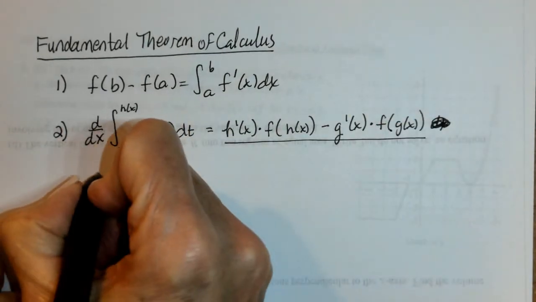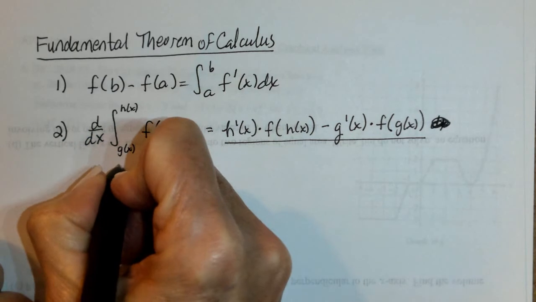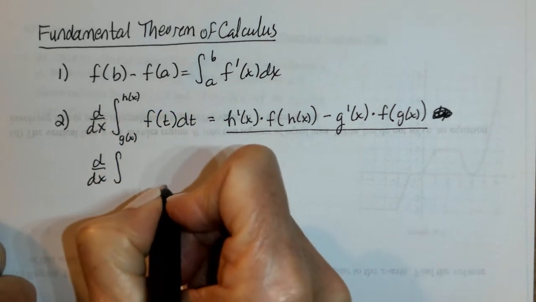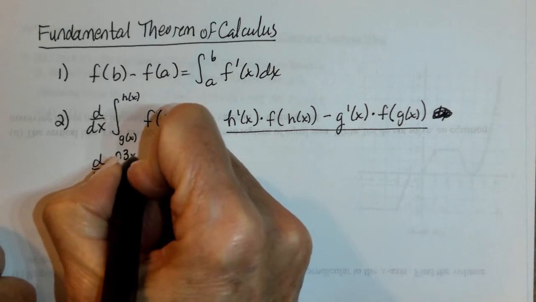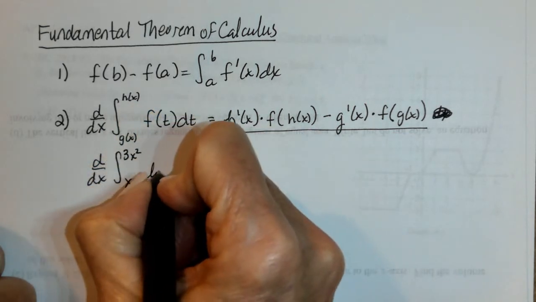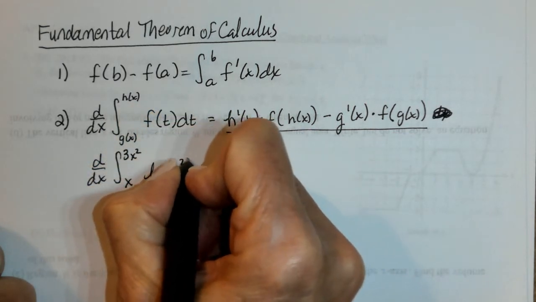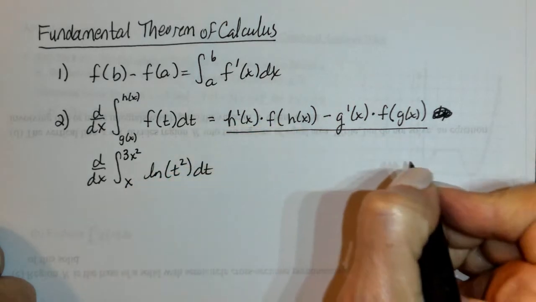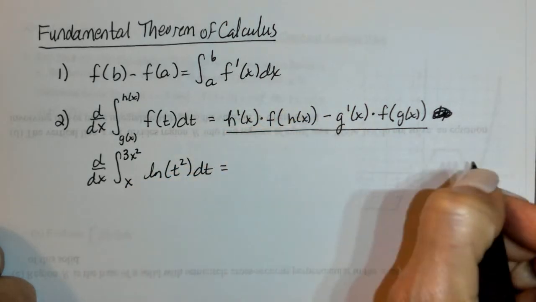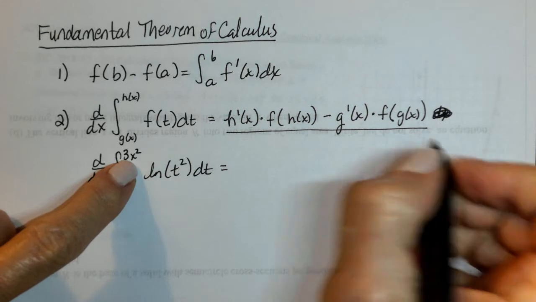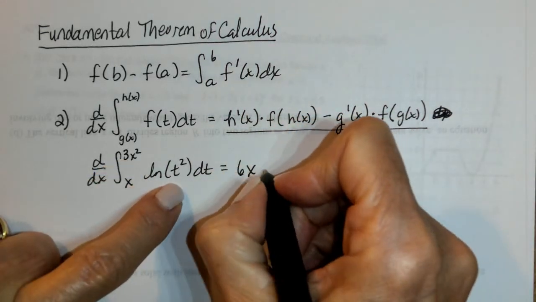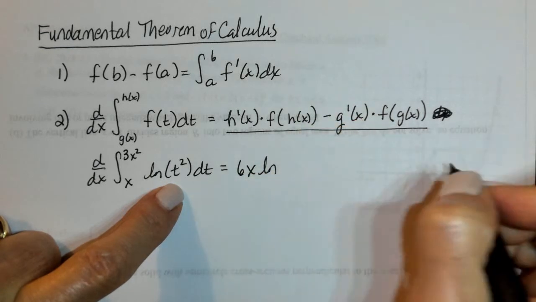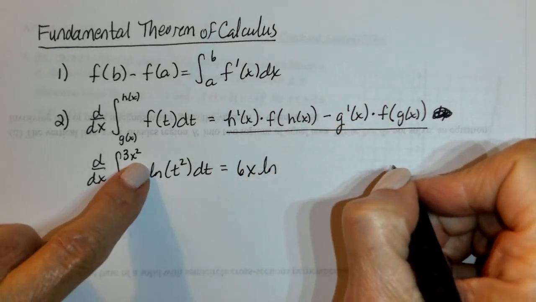So, for example, if we had, let's say, the integral from x to 3x squared of natural log of t squared dt. This would be, we start at the top, take the derivative, and then multiply by, and we're going to replace t with 3x squared.